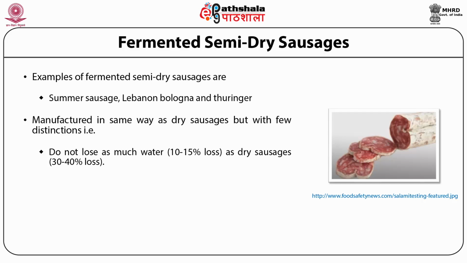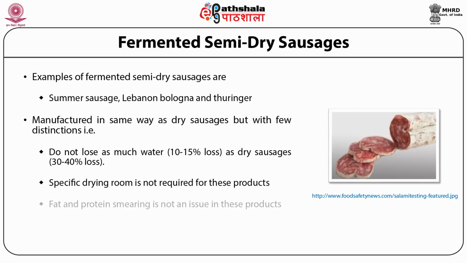The drying occurs during fermenting and cooking, so a specific dry room is not needed. Fat and protein smearing are not as much of an issue due to less moisture loss, so formulation temperatures are higher, on average 28 to 40 degrees Fahrenheit, which means -2.2 to 4.4 degrees centigrade.